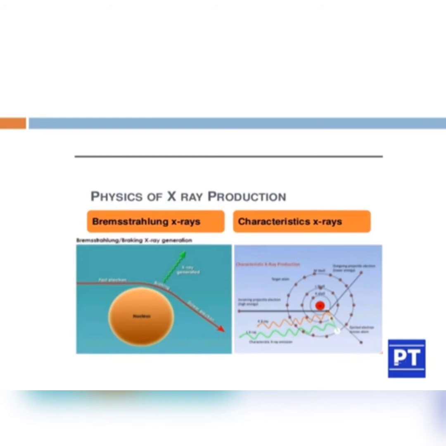A vacancy is created, and an electron from the next shell fills this vacancy with the release of energy, in the form of X-ray energy, and this process is known as characteristic X-ray. So kindly keep these two figures in mind. Let us move ahead to see more about this.